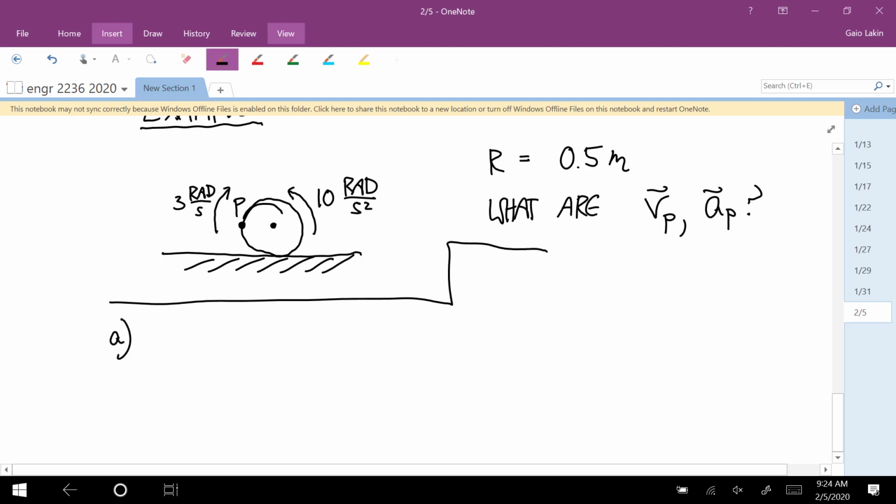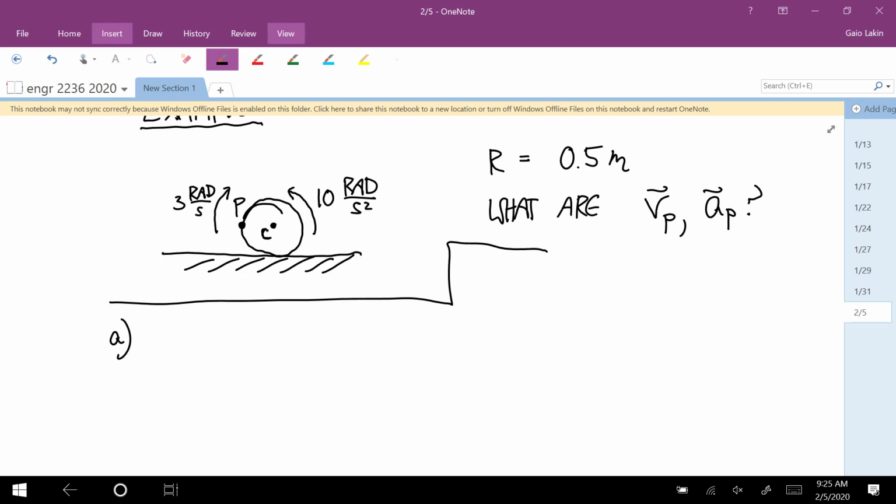Okay, well, first, this is the center, okay? So for rolling without slipping, maybe the first step would be let's calculate the velocity and acceleration of the center.